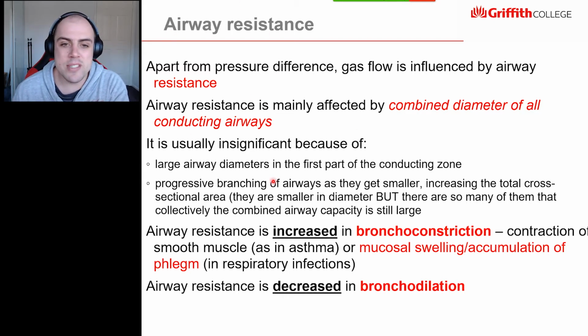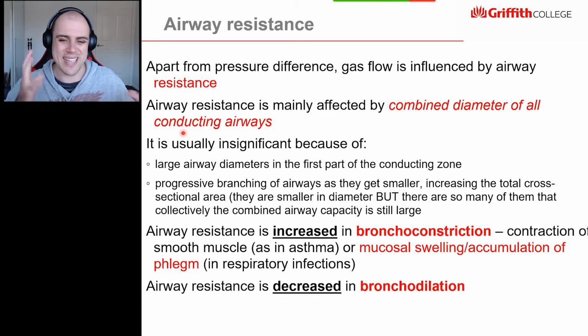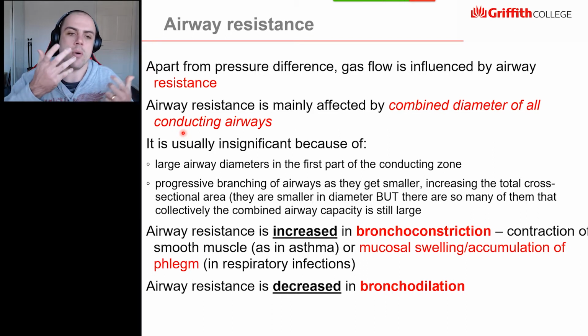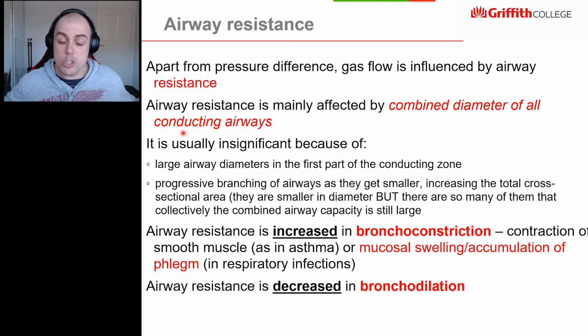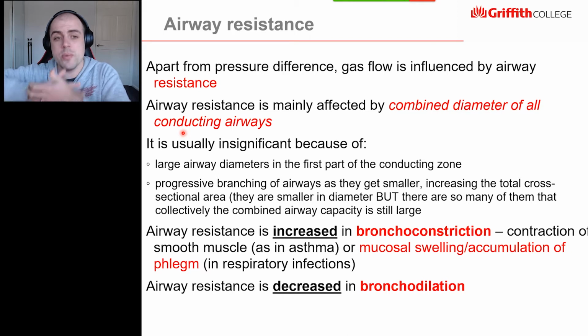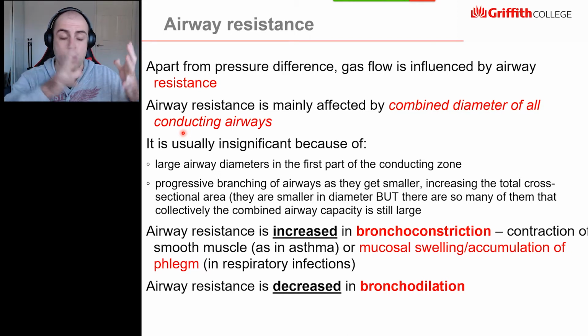Now, airway resistance is affected by the combined diameter of all of our conducting airways. So they all sort of work together in that regard. Even though, as we move from our trachea down through our bronchioles, they are getting smaller and smaller, which would indeed be increasing that airway resistance, it's a bit of a trade-off because we have so many more bronchioles.